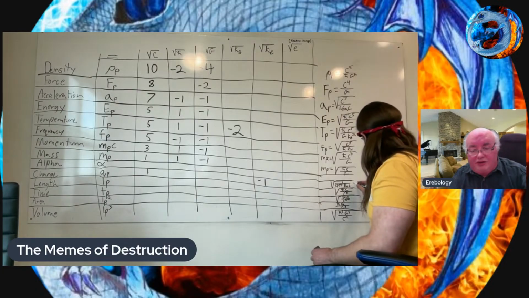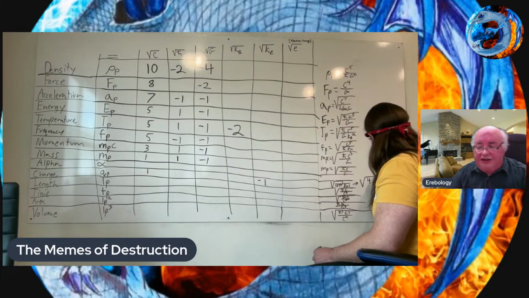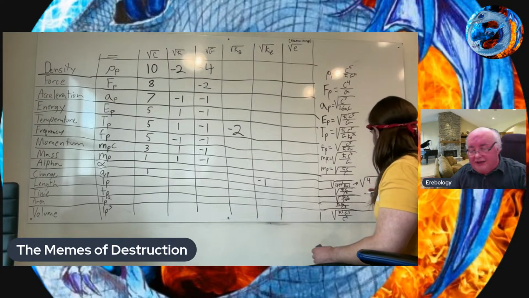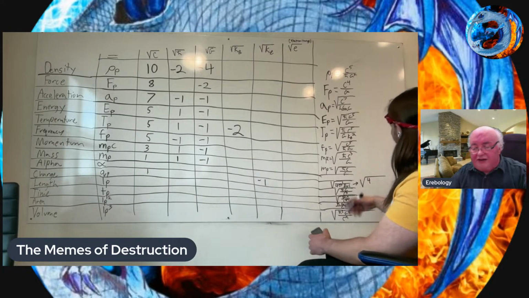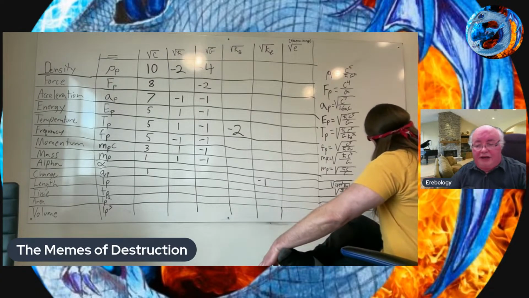In my notes, I have under the radical 4 pi epsilon naught h bar c. But that 4 pi epsilon naught really is in the denominator, because the way I write it in my chart, my column title is radical 4 pi epsilon naught, just because I like to write it that way.